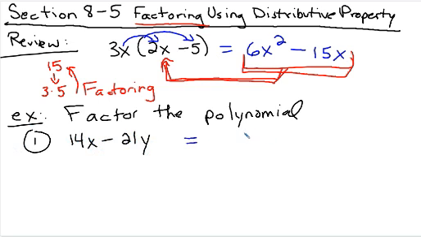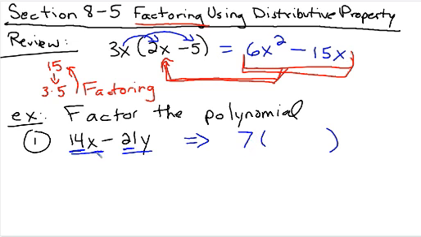We're not solving an equation, we're just factoring it. So you may just want to think of an arrow. But I want a set of parentheses. And what I want to do is pull out of each of these the greatest common factor, or the biggest thing that will go into both 14x and 21y. I think it's pretty obvious that the biggest thing that will go into both 14 and 21 is 7.